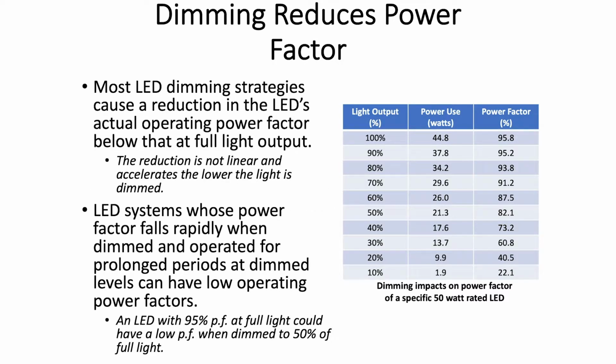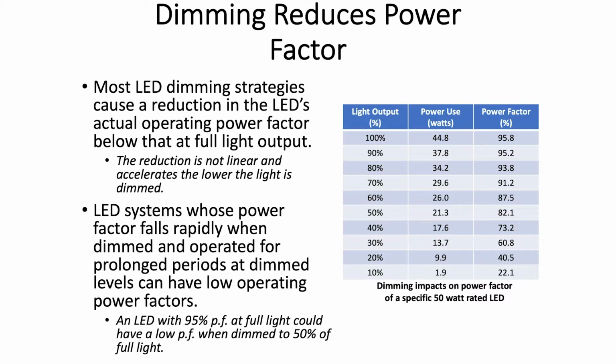The other thing to remember about the lighting part of power factor is that dimming LEDs reduces power factor. So there are a lot of LEDs with dimming strategies that cause a reduction in the operating power factor below full light output level. So that's another thing to watch. That reduction isn't linear and accelerates the lower the light's dimmed. This is some data on the light output, power use, and power factor for a pretty common 50 watt LED in the market.